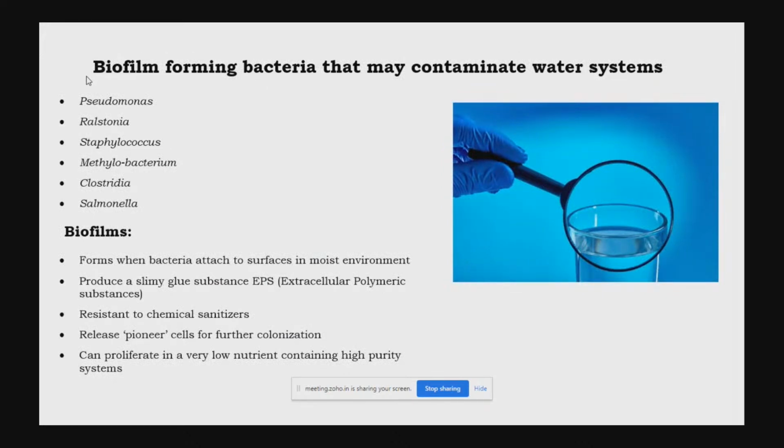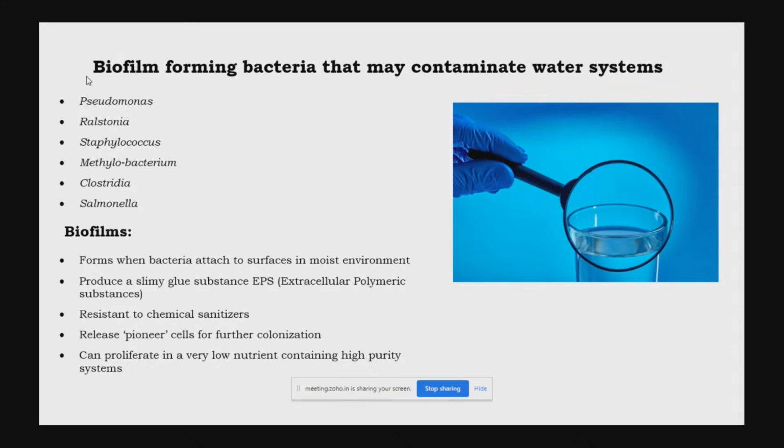Why is it important to monitor the water system on a routine basis? Because there are many microorganisms which have the capability to generate biofilms in the water system. In that condition, the quality of the water may be compromised.